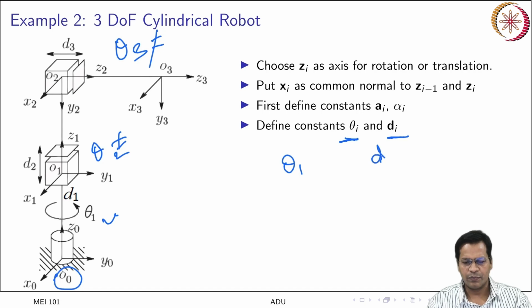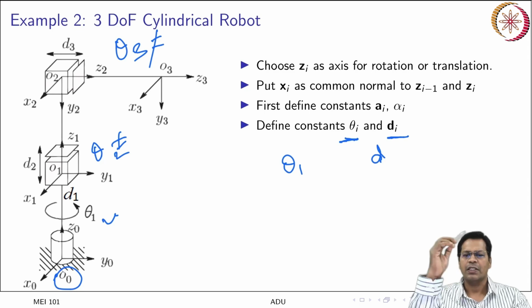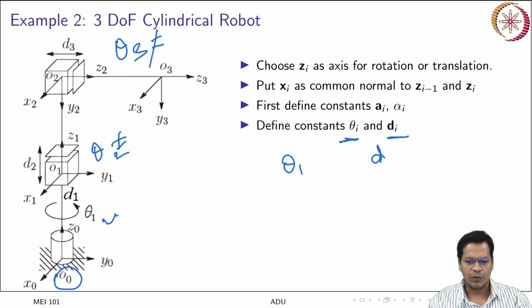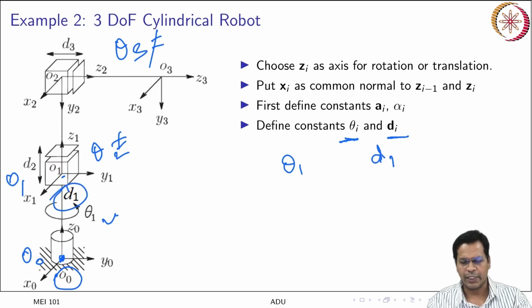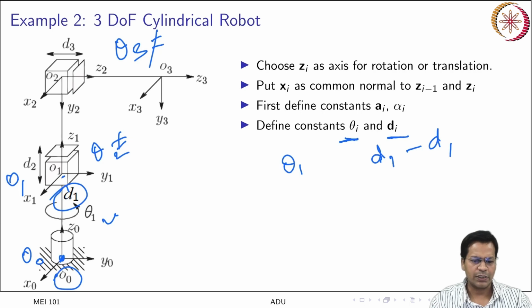Now just see if the d's are there. d is nothing but the joint offset, that is the distance measured along the Z axis between x0 and x1, x1 and x2, x2 and x3, like that. So d1 is there, the distance measured from O0 to O1, that is frame 1. So this is your d1, having a length of d1. Now what is d2?